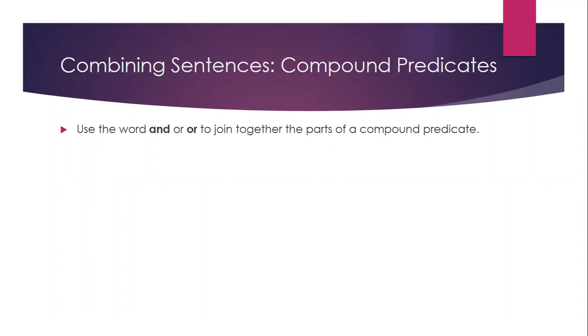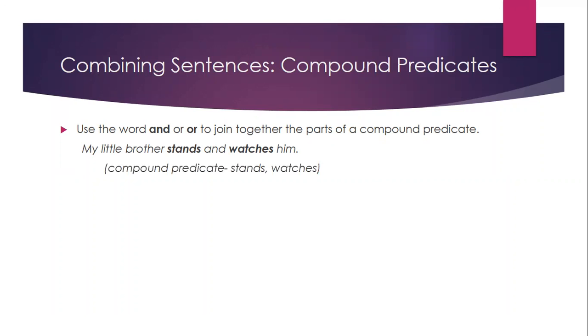All right, again, and or to join the parts of a compound predicate. Here is an example. My little brother stands and watches him. Our compound predicate, stands and watches. Okay, let's do some examples together.